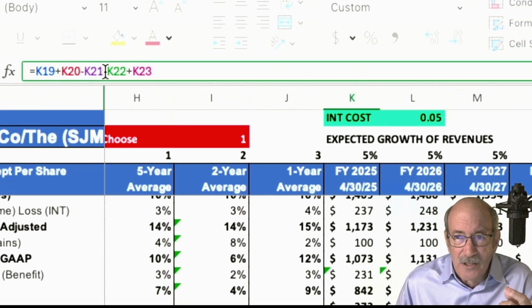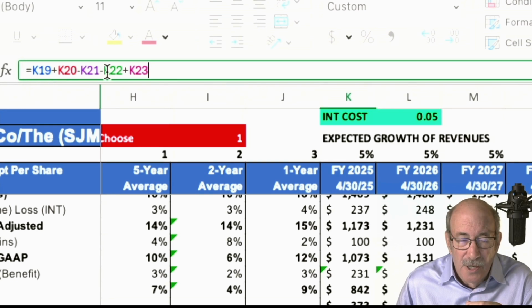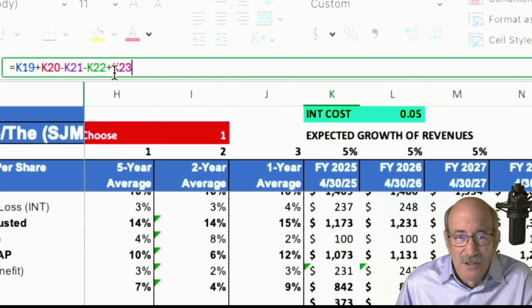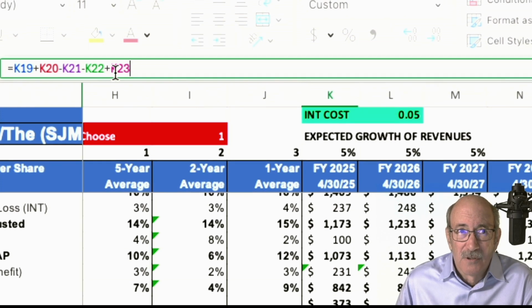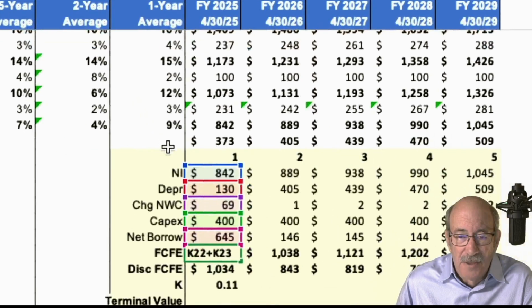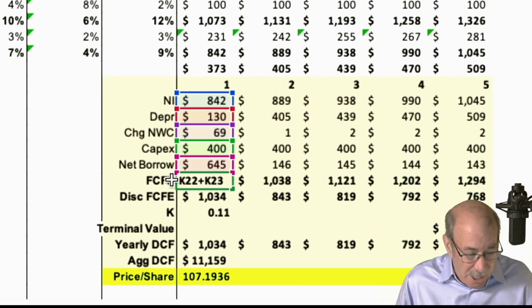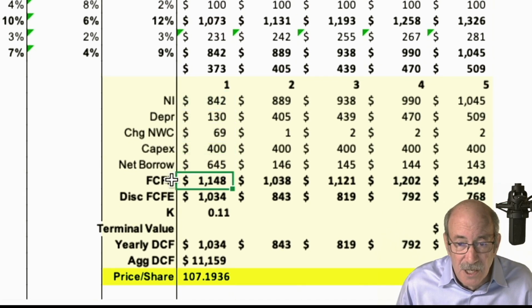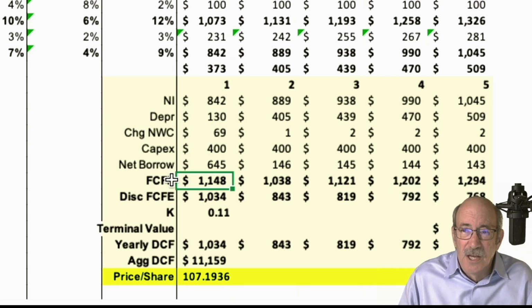I also subtract the increase in plant, property, and equipment, the CapEx, and I add the net borrowings. And then that becomes my free cash flow to equity. It's that simple. Questions on any of that so far?